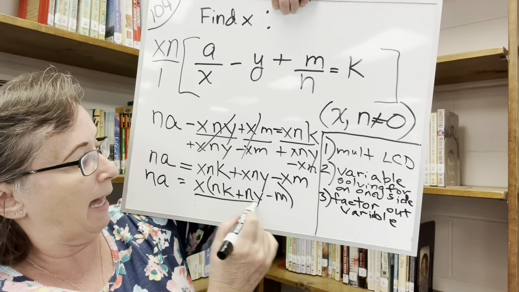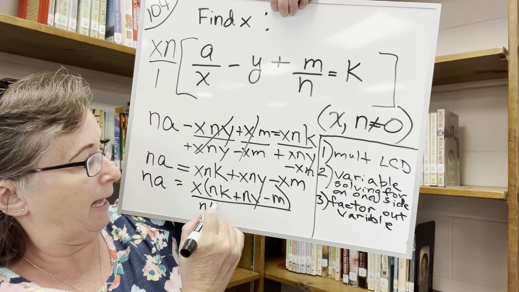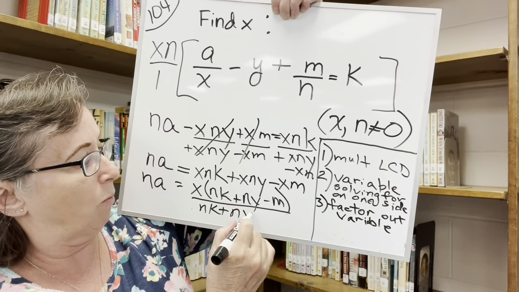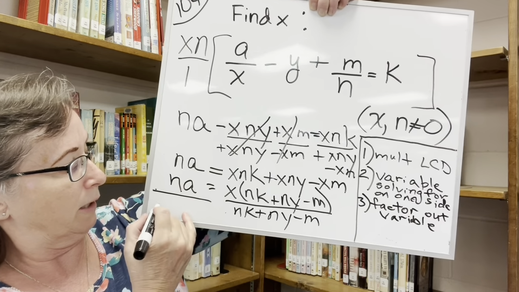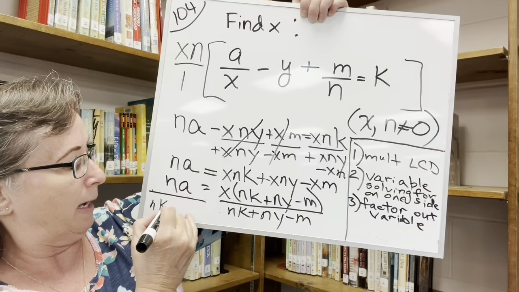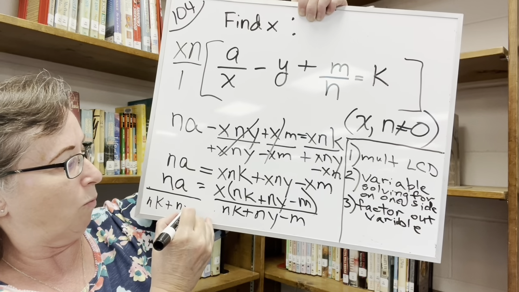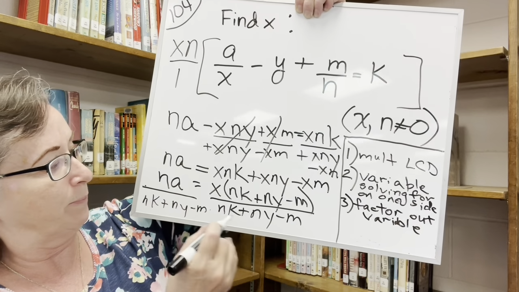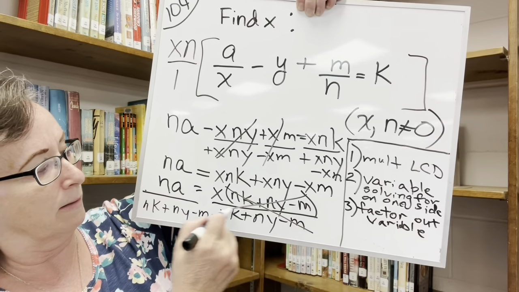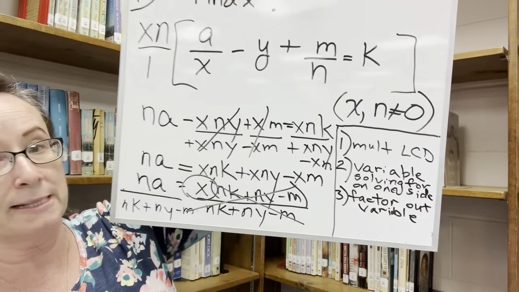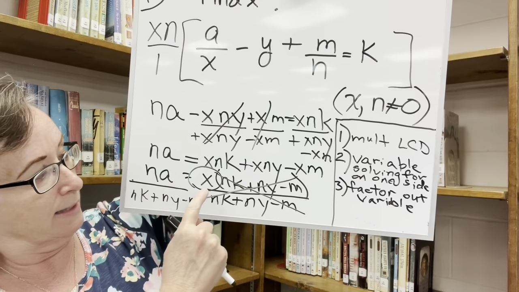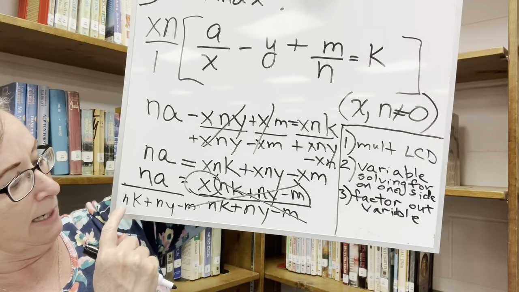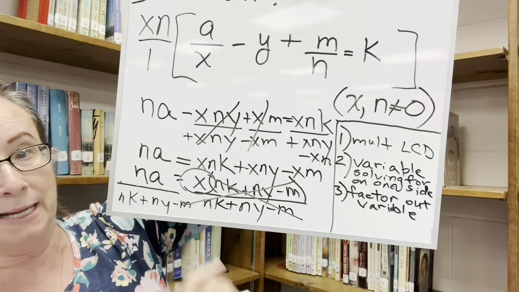So we're going to divide by nk plus ny minus m, and on the other side, we're going to divide by nk plus ny minus m. This is going to cancel, and I have x all by itself. So guess what? X is NA over NK plus NY minus M.